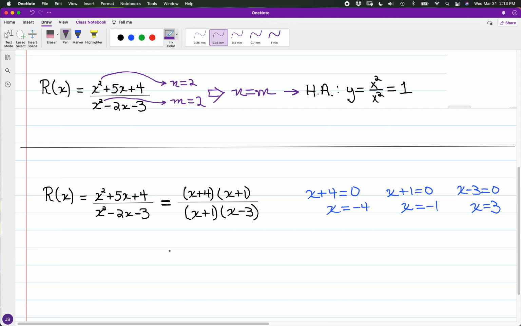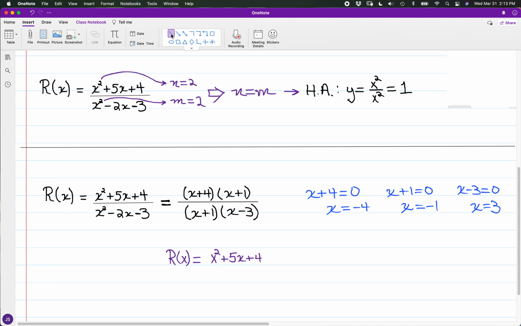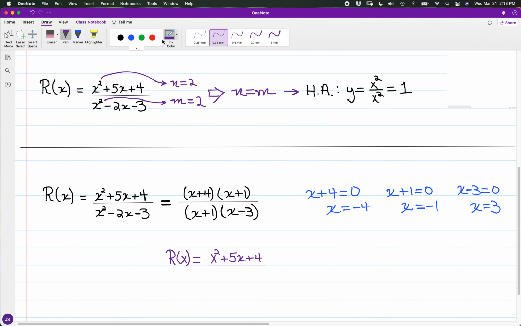So again, we have r of x is equal to x squared plus 5x plus 4, again all over x squared minus 2x minus 3.